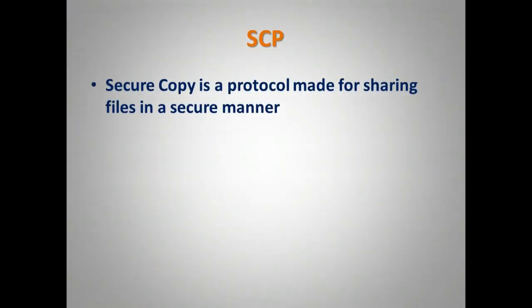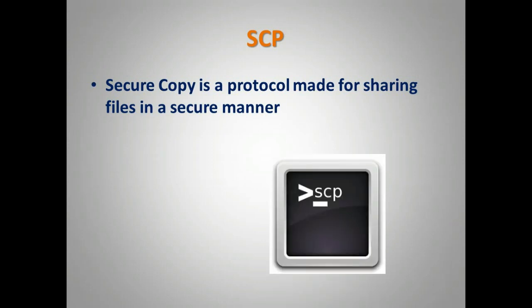Then SCP, Secure Copy. Secure Copy is a protocol made for sharing files in a secure manner. It is similar to FTP, but designed for more security and authentication. So SFTP and SCP are almost similar.